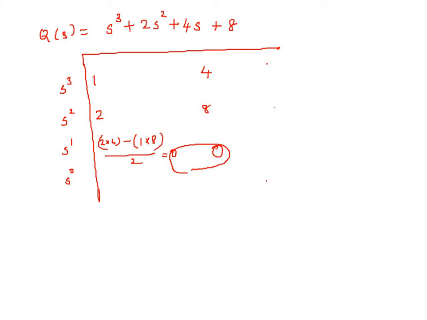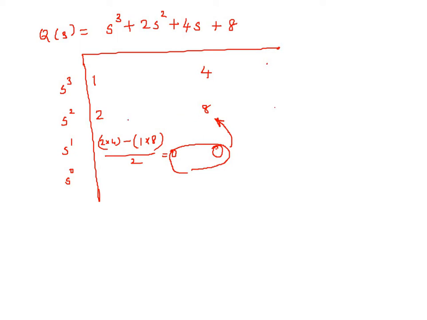So what will we do when an all 0 row is present? In a situation like this, you have to consider the row just above this all 0 row. So what is the row?